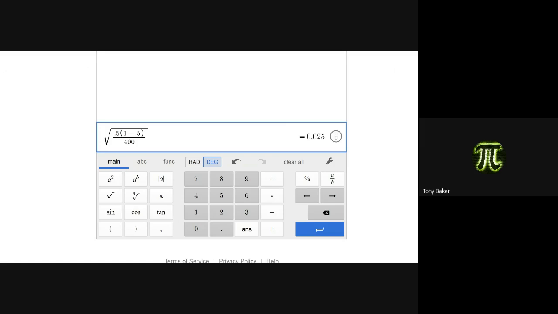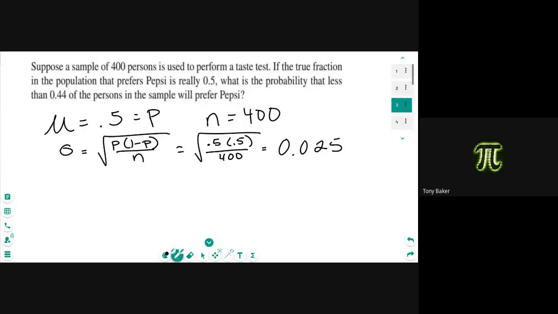All right. So that is my standard deviation. Now that we've got our mean and our standard deviation, everything after this point is exactly the same as we've been doing all along.